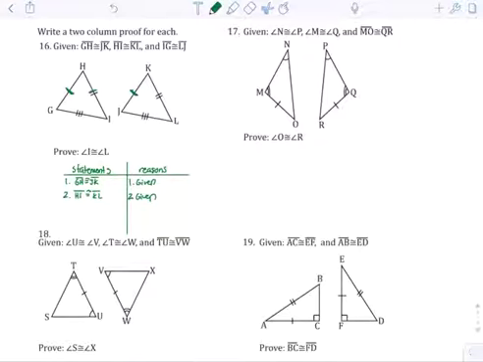Even though they marked it, again, just getting you guys in the habit to mark it yourself as well. Number 3, IG is congruent to LJ. That's our third given. So IG is congruent to JL.